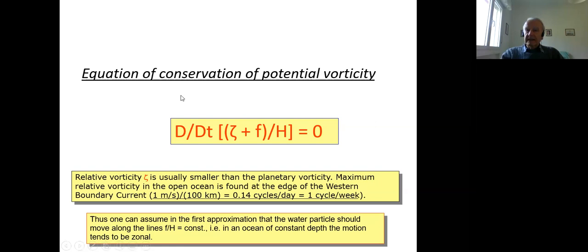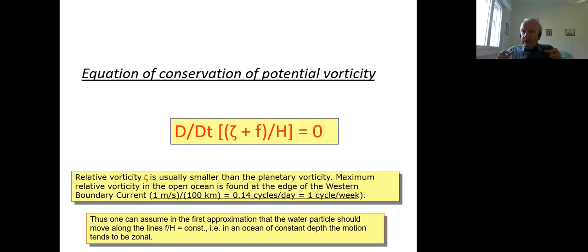If we divide the previous equation by h, we obtain this thing here, okay? This is the equation of conservation of potential vorticity. Conservation of potential vorticity simply says that the potential vorticity is conserved along where the particle or the water column is moving.